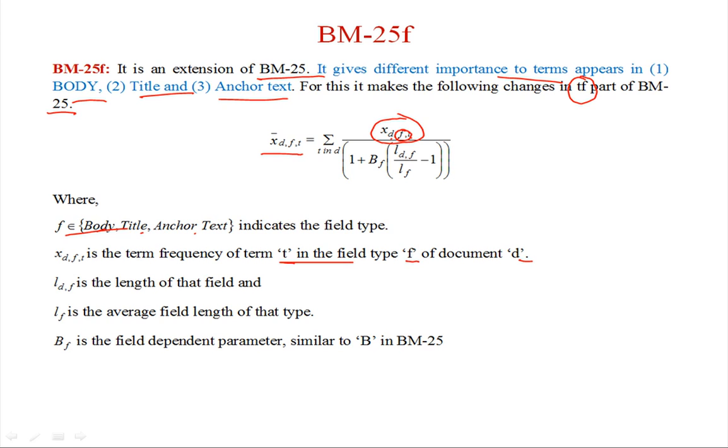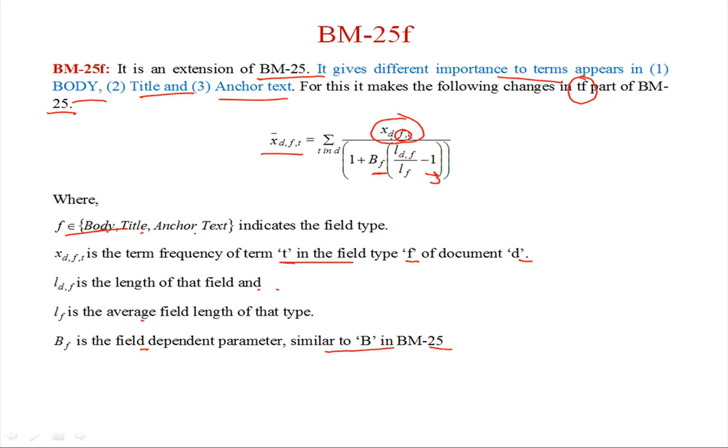And b_f is the field-dependent parameter, similar to b in BM25, and l_df is the length of that field, meaning the length of that title, etc. l_f is the average length of that field type, the average length of all titles, minus 1.